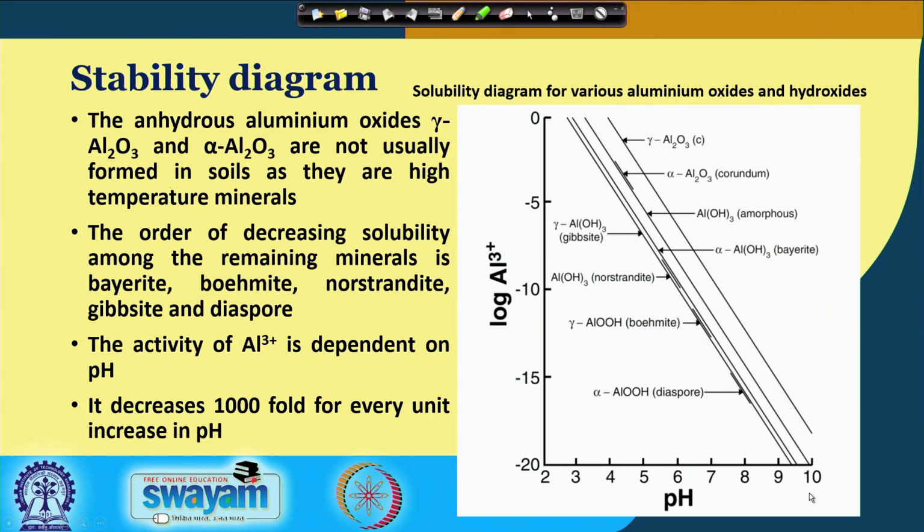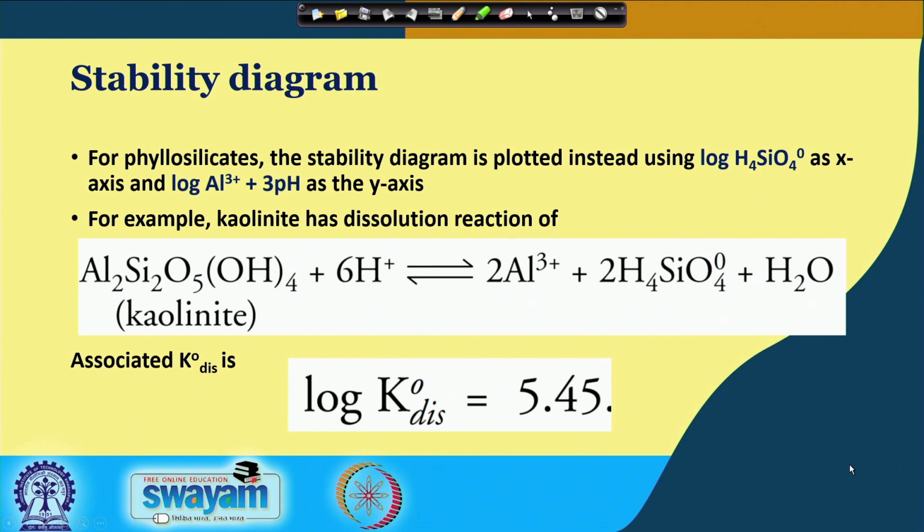A similar diagram can be made, as I showed you, in the case of kaolinite, which has the dissolution reaction where kaolinite reacts with 6 protons to produce aluminum, silicic acid and water.